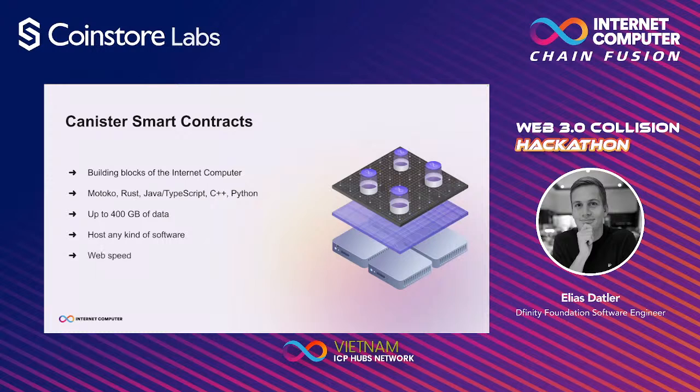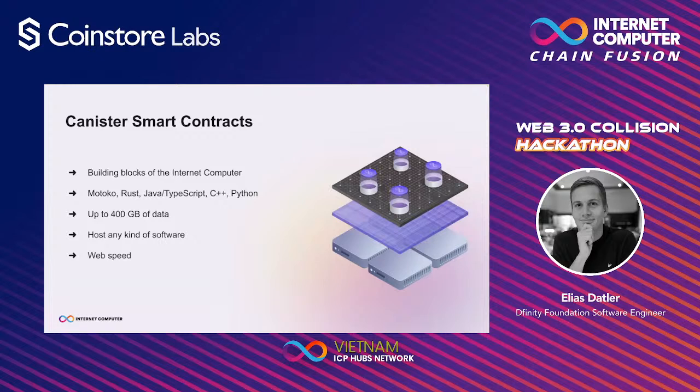Now, on top of that, canisters run at web speed. That's also something we will see later in the demo. Users can really access your canister by just Googling for your web page, and then Google will show them a URL, and people won't even realize that they're interacting with a blockchain because it's so seamlessly integrated into the Web 2 world.